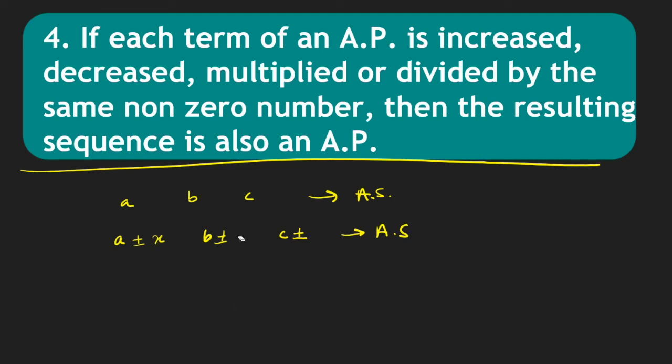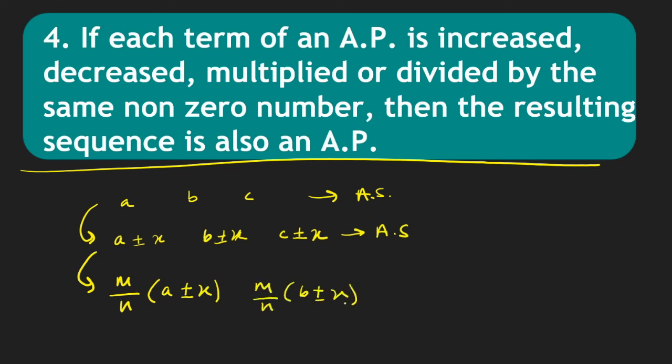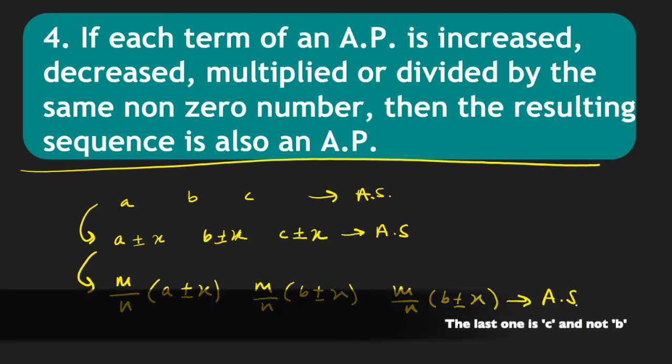Suppose now I would take it a step forward, I would put m by n, a plus or minus x, m by n, b plus or minus x, m by n, c plus or minus x. This will also remain an arithmetic sequence, right?